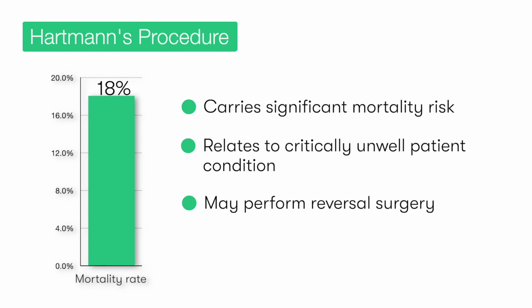This is usually done at least several months in the future. However, in about 40% of cases, we never actually perform the reversal at all. This is usually as a result of the patient either not being fit enough for the operation, or because they don't want to undergo another operation at all.